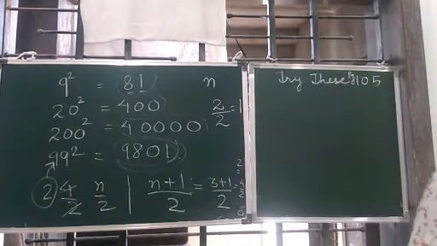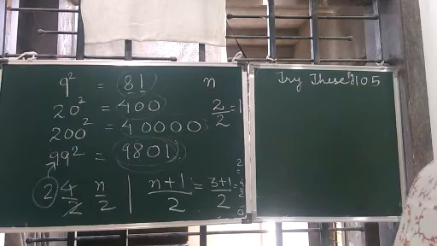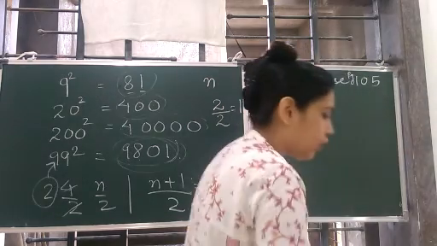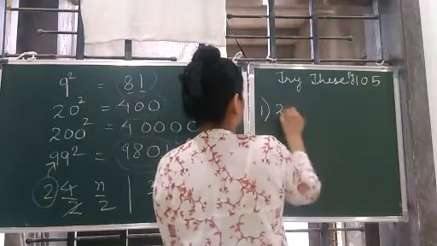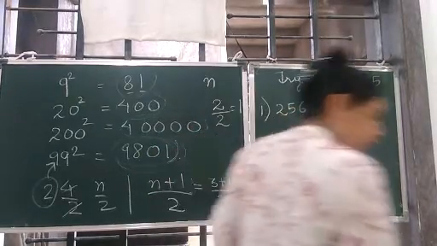Without calculating the square roots, find the number of digits in the square root of the following numbers. So 2, 5, 6. You have to do it in the book.